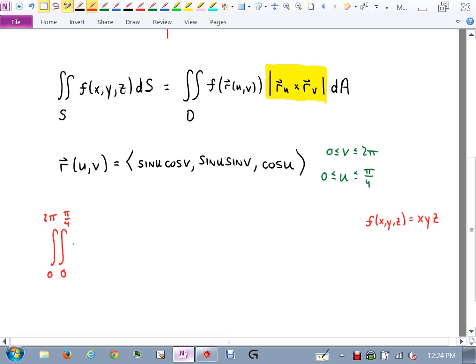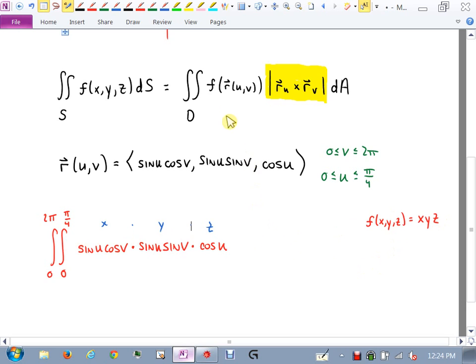My function evaluated, so it's what? Sine U cosine V times sine U sine V times cosine U. So again, this is X, Y, Z, right? X times Y times Z right there, which comes from this.